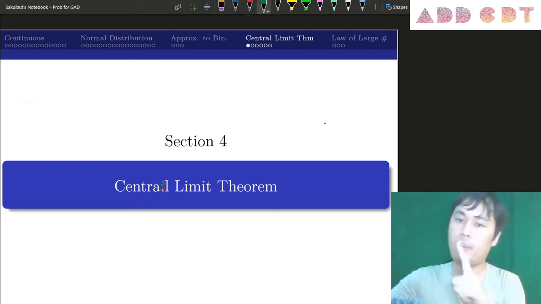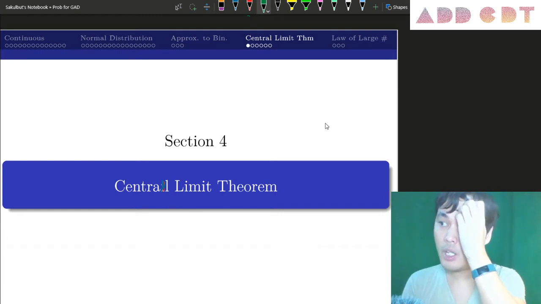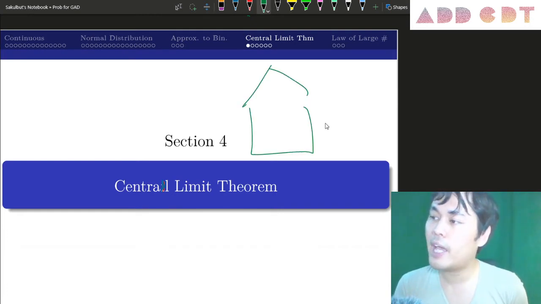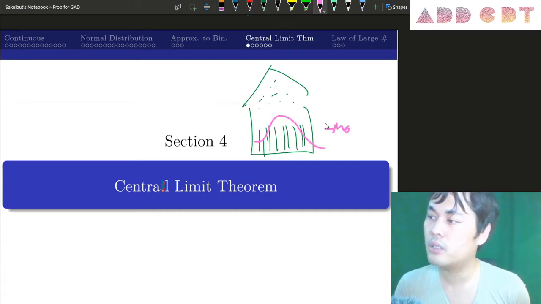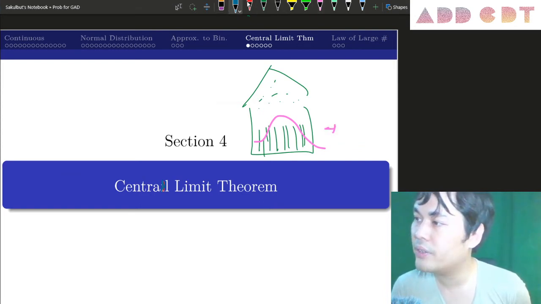So if we go back all the way to the normal distribution, we illustrated that by using the Galton board. We argued that if we throw enough number of beads, then the curve is going to follow the normal distribution. Sorry about the handwriting.